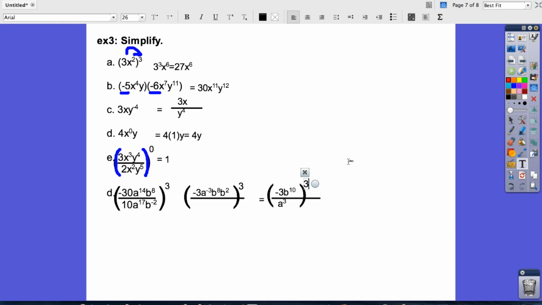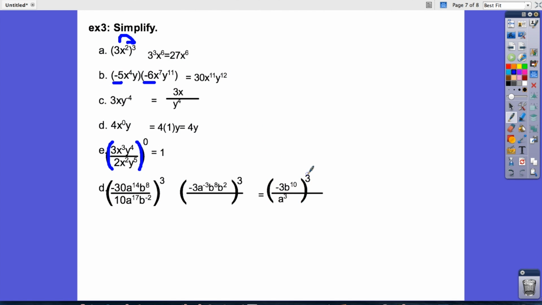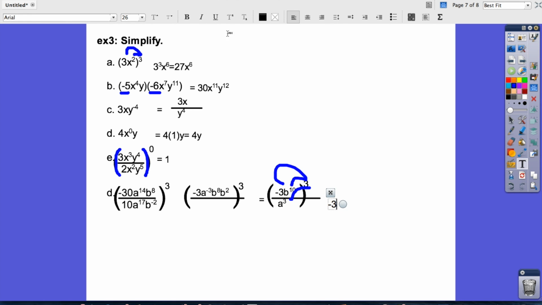So now we're going to distribute this 3 to every single piece on the inside. Notice this exponent is being distributed to the exponents of each value, not the number itself. So this should now read negative 3 to the third power, b to the 10 times 3, which is 30, all divided by a to the 9th power.